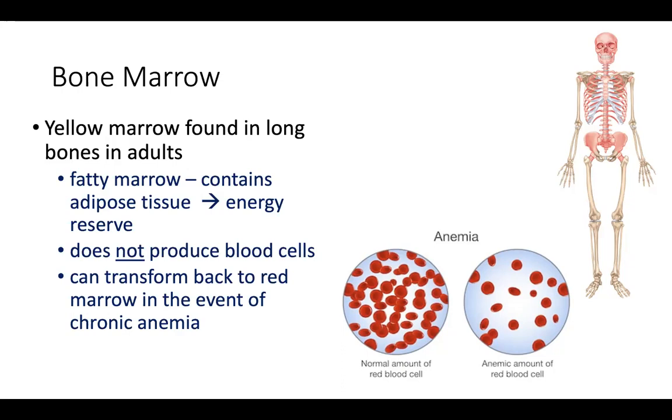So it can change back into red marrow when there's long-term anemia, a long time period where you don't have enough blood cells to sustain yourself. Not really a situation you want to be in, obviously, but it's a nice response of our bodies in case we need more blood cells to be produced.